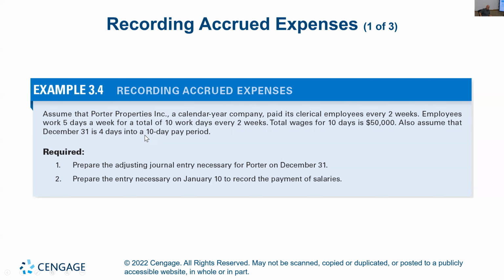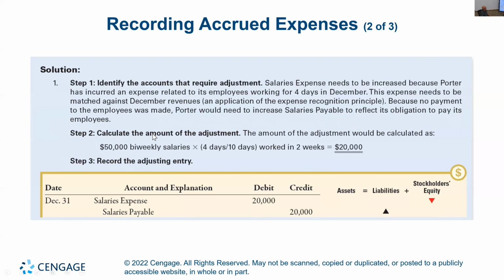So we've had 4 days worth of salaries that have been earned, that have already been incurred during this reporting period, but we're going to pay them later, at the end of the pay period. So our 2 accounts here are salaries expense, because they have incurred that expense already, so we need to record it, and that's going to coincide with their payable, which we'll call salaries payable.